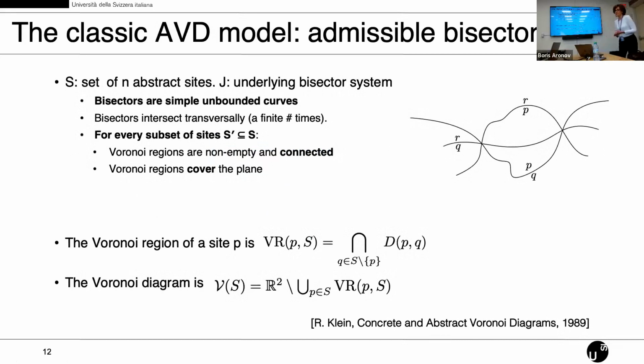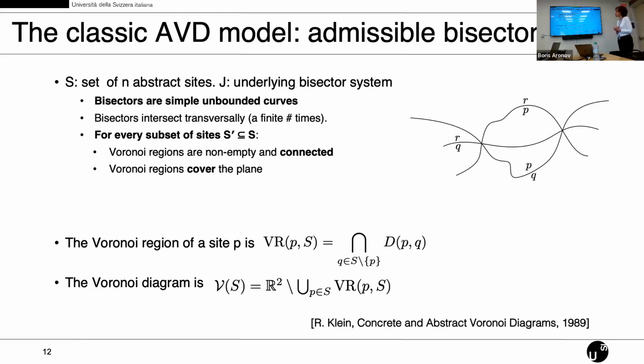Now, for the classic model of abstract Voronoi diagrams, we consider some more restrictions on the bisector system. So we have the so-called admissible bisector system, where bisectors are simple unbounded curves. They intersect transversally a finite number of times.